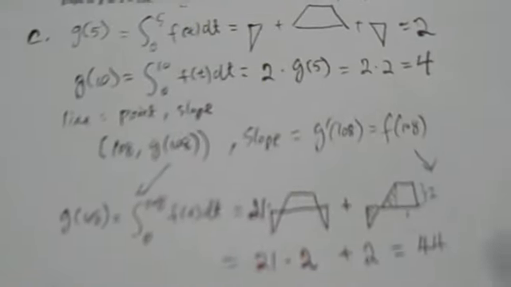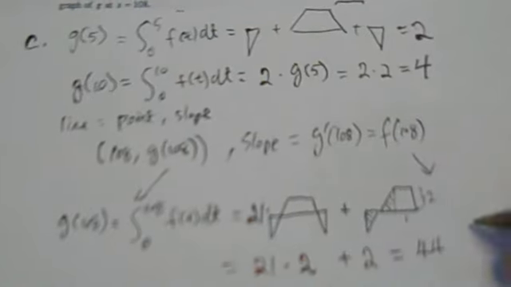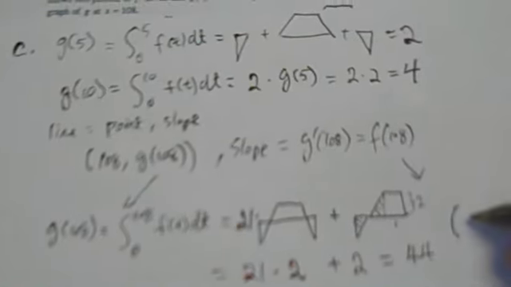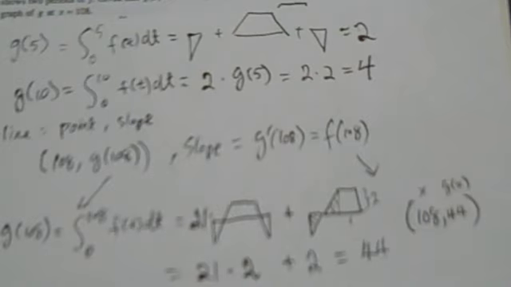Okay? So that gives us g of 108, which is 44. So now we have a point. The point that we use is going to be 108 and 44 for x and g of x. You see, so that's the point that we need to use to build the equation of the tangent line.